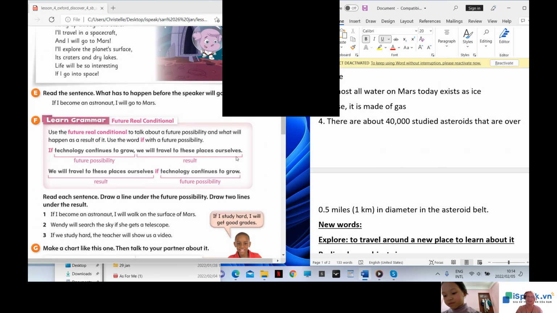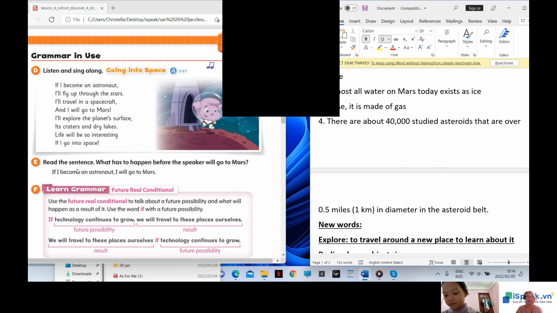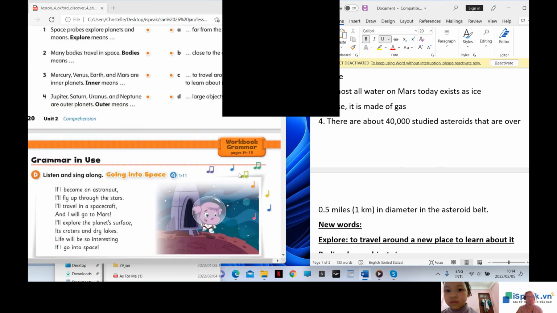Very good reading. So, question E. What has to happen before the speaker will go to Mars?